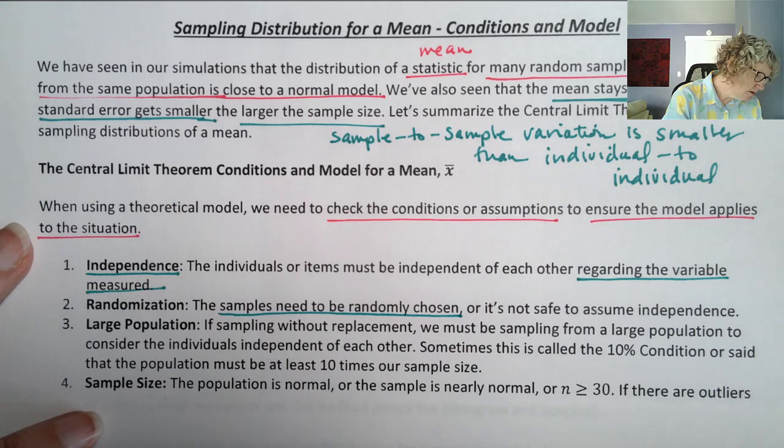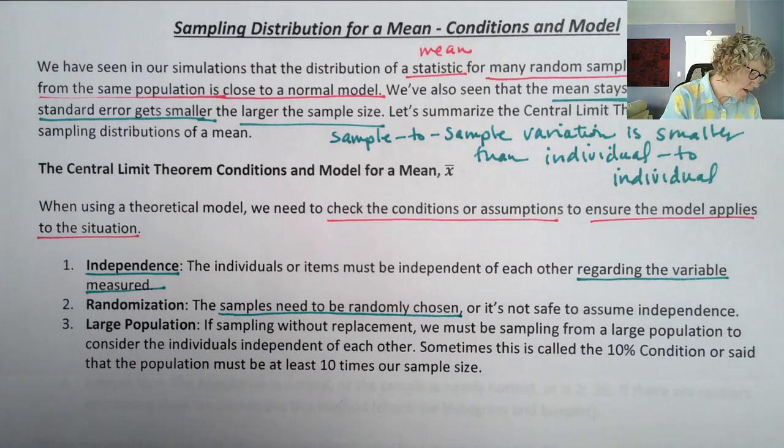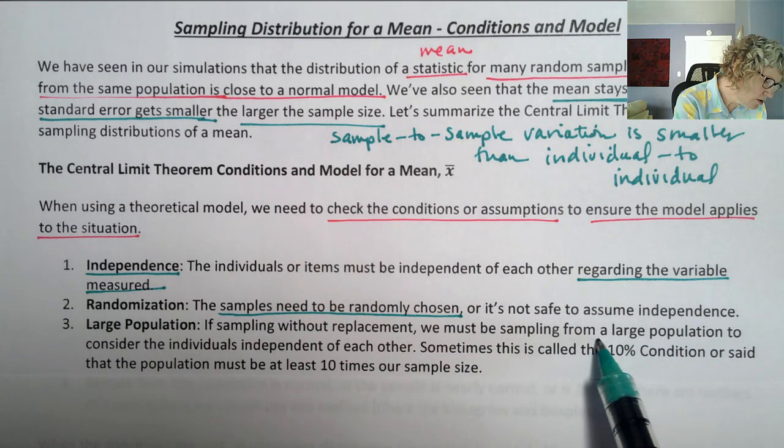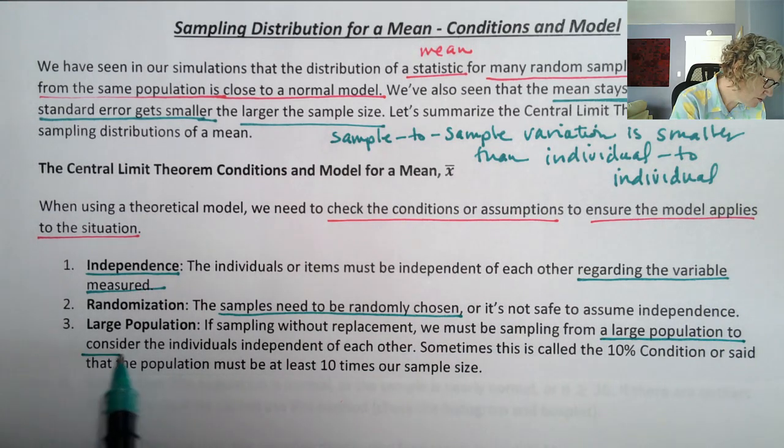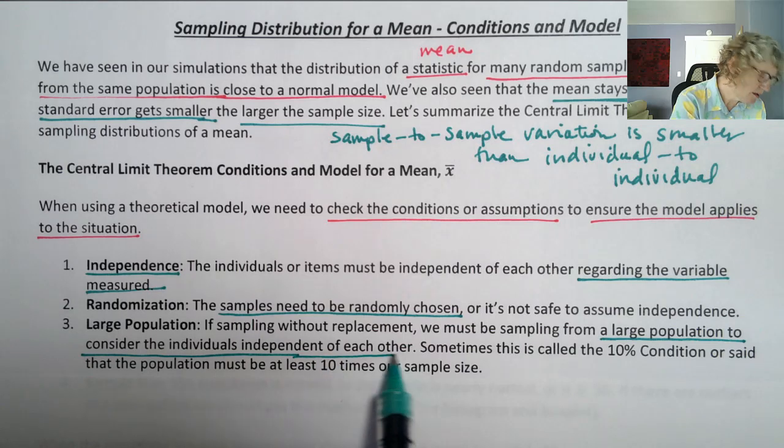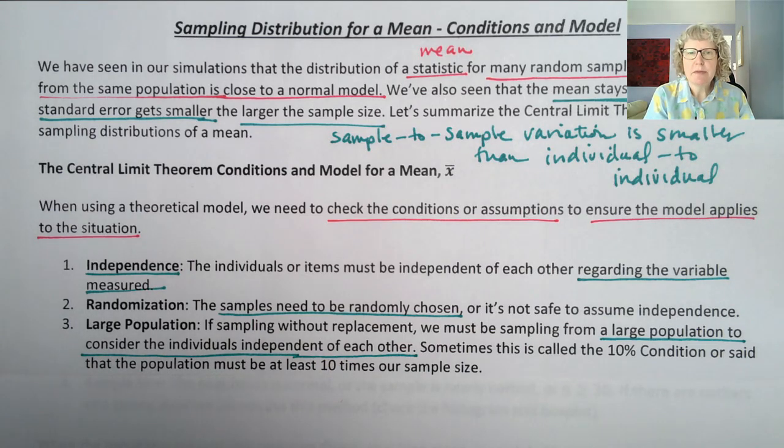Large population, if sampling without replacement, we must be sampling from a large population to consider the individuals independent of each other. This is the small M&M bag versus the large M&M bag. If you're sampling from a too small population, then just taking one out will greatly affect the probabilities, versus if you have a large population, taking one out doesn't make much difference.